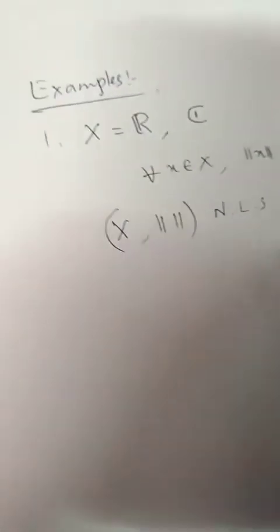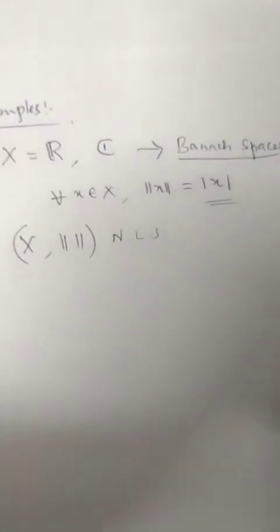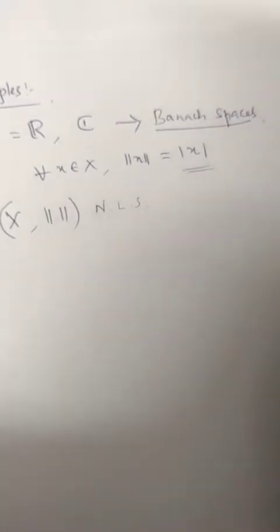So the spaces R and C become Banach spaces, that is, complete normed linear spaces. They are fundamental and very important. R and C are Banach spaces.